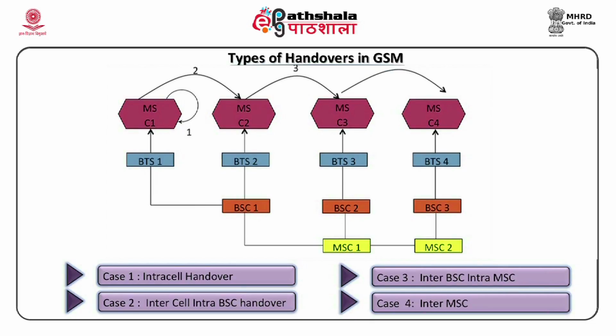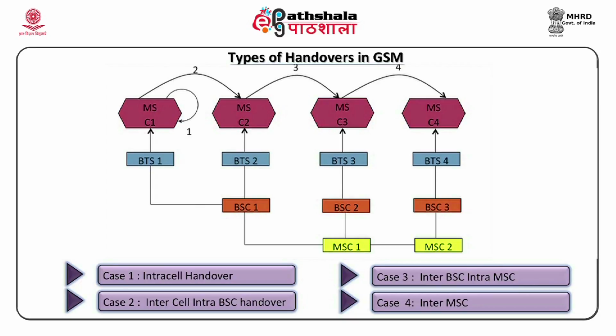And in the fourth scenario, the mobile device moves from C3 to C4, both belonging to different MSC areas. So, the handover which takes place in such a situation is known as inter-MSC handover. So, you can see in the figure that the 4 scenarios of handovers which we discussed have been clearly depicted.